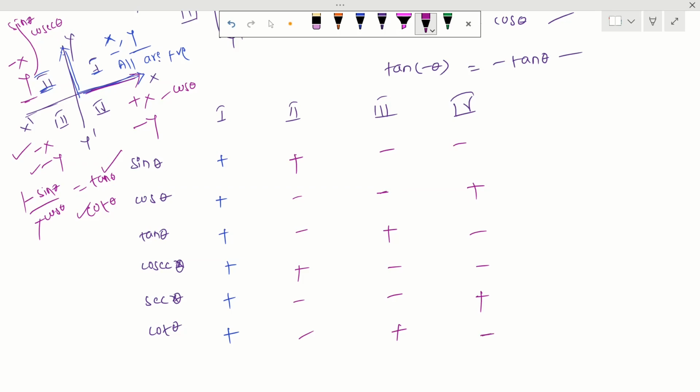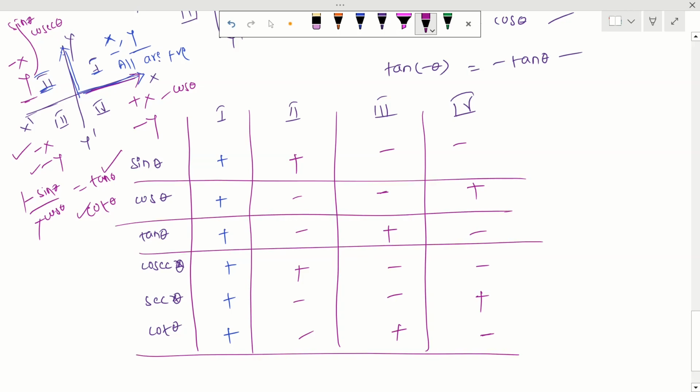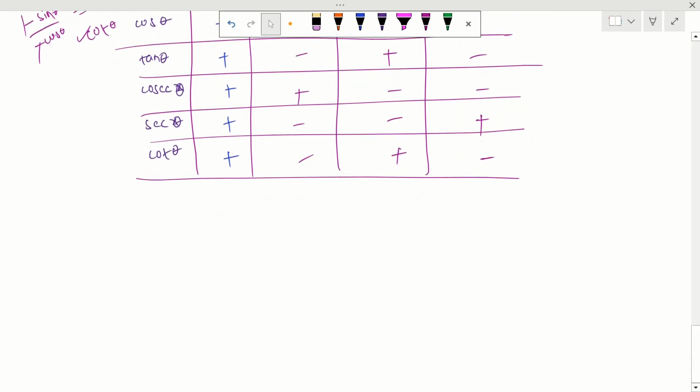Understood? This point is clear, right? You just note this down in a table, it will be good. So we can write the conventions correctly.